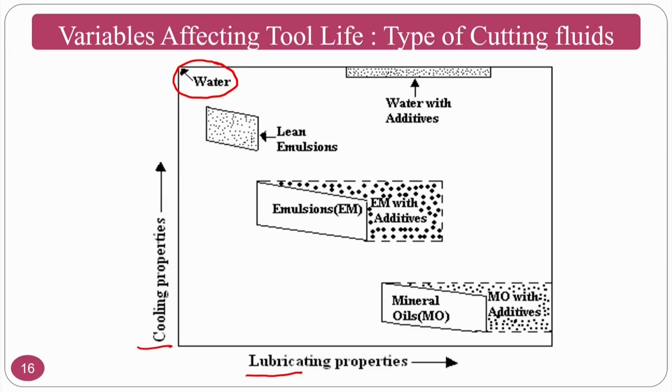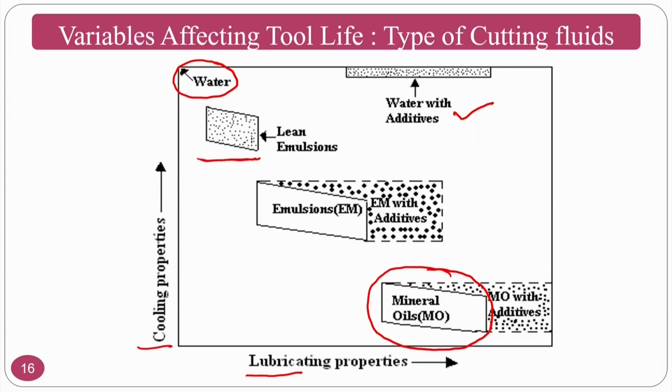At the same time, if I want better lubricating property, oils, mineral oils or petroleum oils are very good. Okay. So if I want partially lubricating properties but dominating cooling properties, then I will use some water with some additives. Now I can go even for lean emulsions.